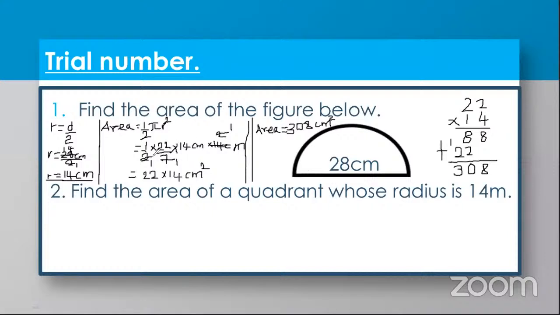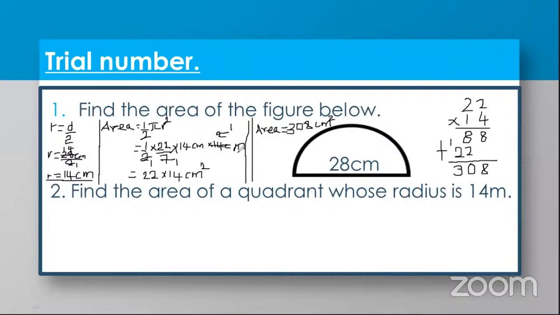Then she simplified it, 7 divided by 7, and 14 divided by 7, she got 2. Instead of dividing 22 by 2, she divided the 2 here. So 22 remains, 22 times 14 centimeter squared.